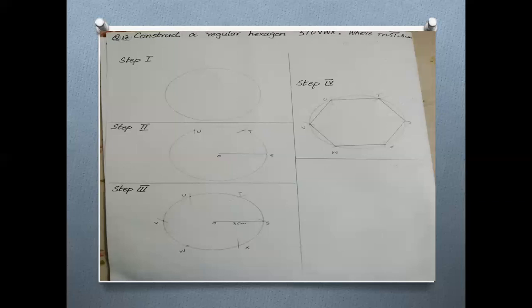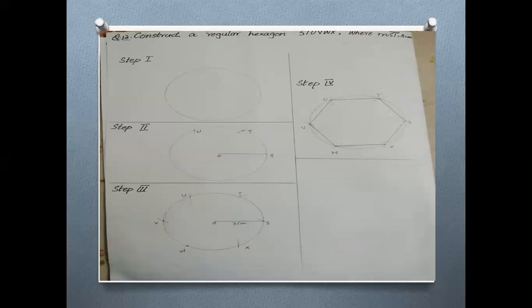First, we put the compass on S and draw the arc which cuts the circle at T. Then we put the compass on T and draw the arc U. Then U, V. At the end, when we put our compass on X, it cuts the point S. Now we have 6 equal arcs on the circle. Join the arcs one by one with the help of the scale.